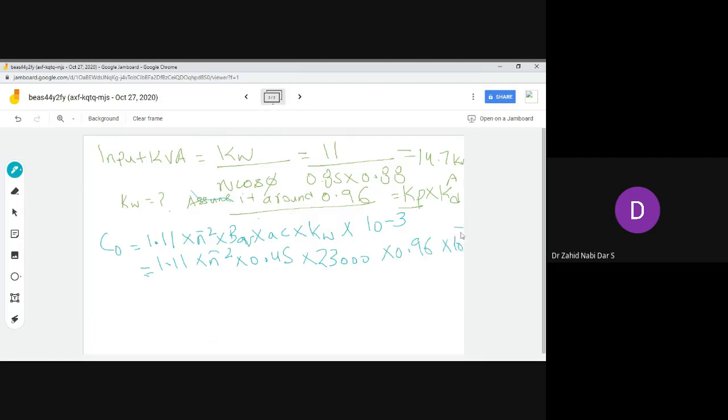So tell me this C naught value. Calculate it. Substitute and please sit with the calculator now, it's high time. What value are you getting? Yeah, Dikshita, tell me.